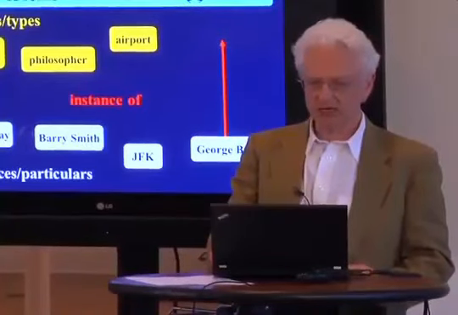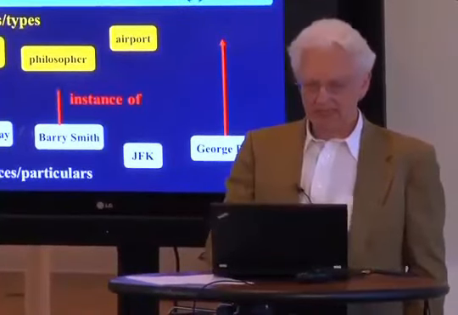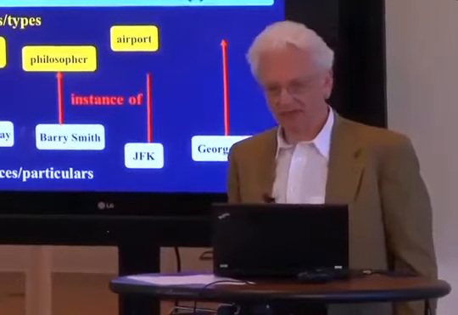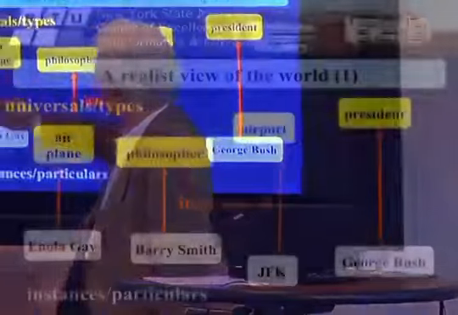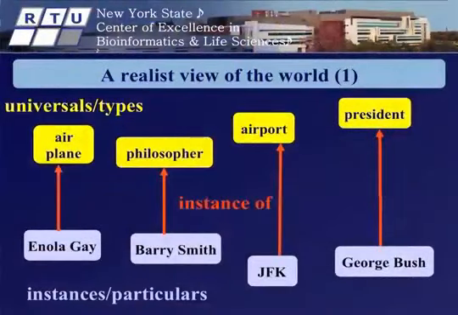So if we let this thing rip slowly. This is an instance of the type aeroplane. Actually, this is wrong. This is an old slide. I'm not a philosopher anymore. This is an instance of the type airport.